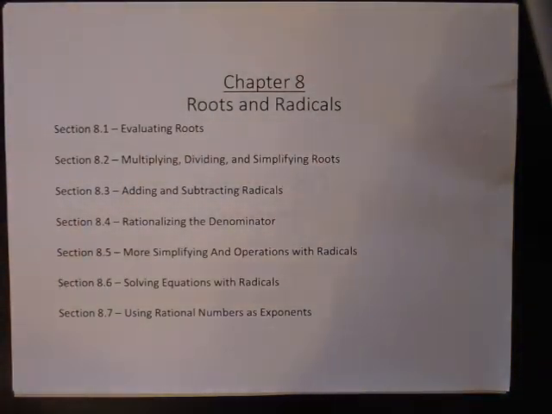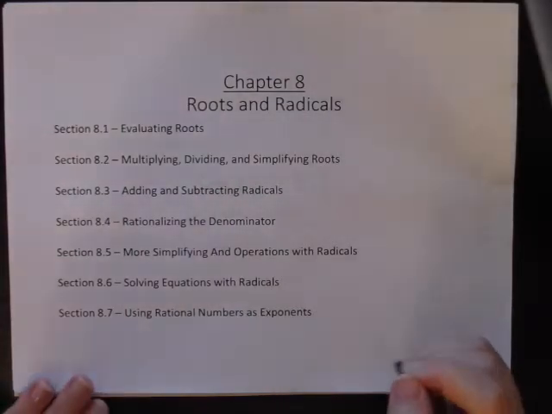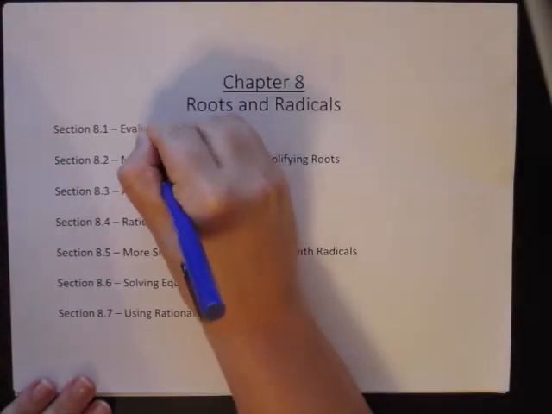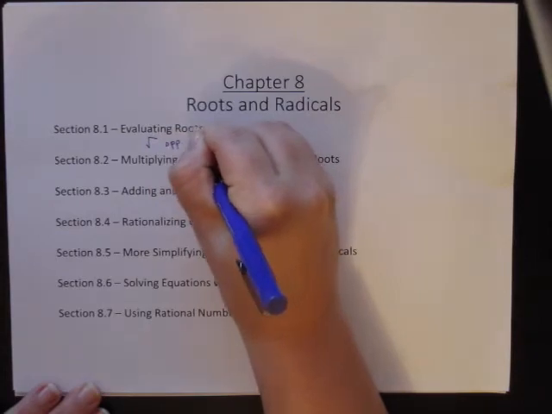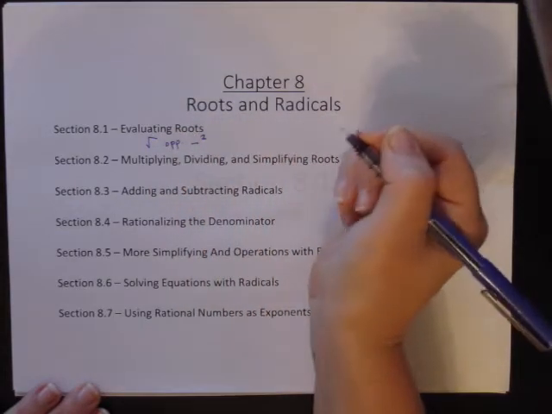Alright guys, now we are on chapter 8, and in chapter 8 we're going to deal with roots and radicals. So the first thing that we have to do in 8.1 is we're going to evaluate roots, and we need to know that a square root is the opposite to some value that's squared. Okay?